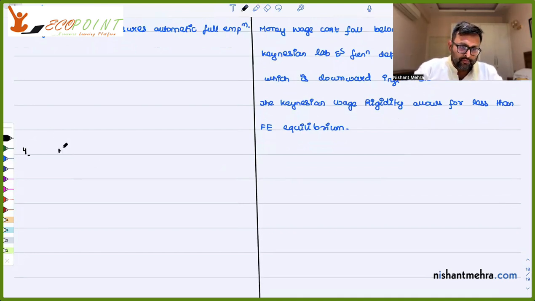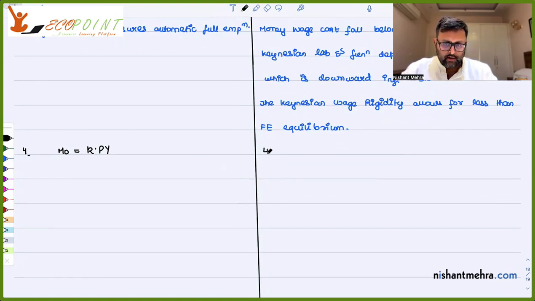Then as far as money demand is concerned, it is simple. In case of classicals, money demand is only dependent upon income. So basically it is only talking about the transactions demand. If income increases, you are going to buy more goods and services, you need to make more transactions, and hence the demand for money also increases.